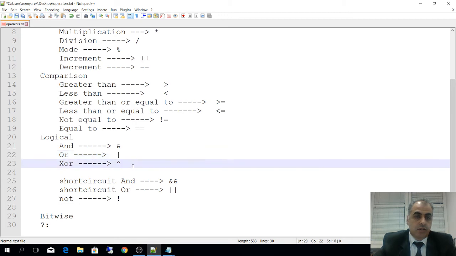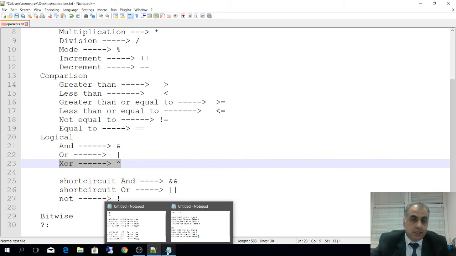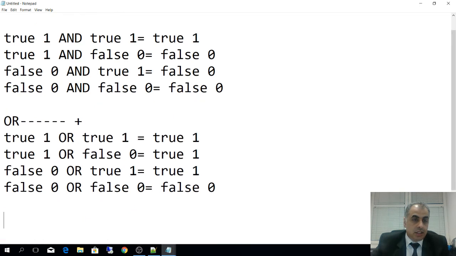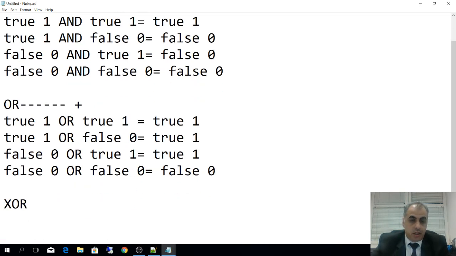When we talk about the XOR operator, for the XOR operator we have something different that we have to understand, and let me just write here XOR operator. So the values can be true XOR true, and this time the result is false.